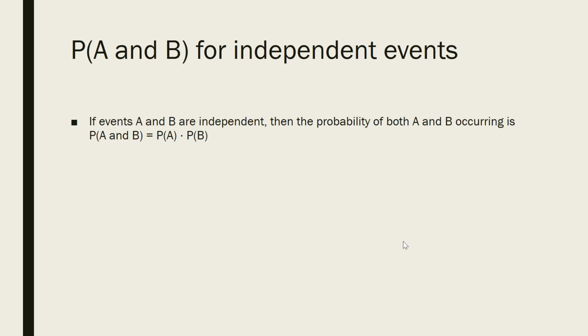If events A and B are independent, then the probability of both A and B occurring, P(A and B), equals P(A) times P(B). P(A and B) is the probability of events A and B both occurring. P(A) is the probability of event A occurring, and P(B) is the probability of event B occurring. Just remember that these are the notations that we use for probability. It's like function notation from algebra.